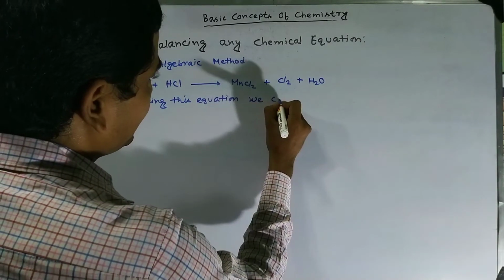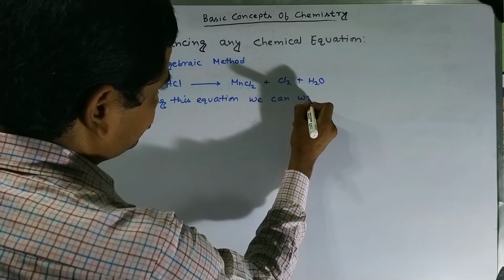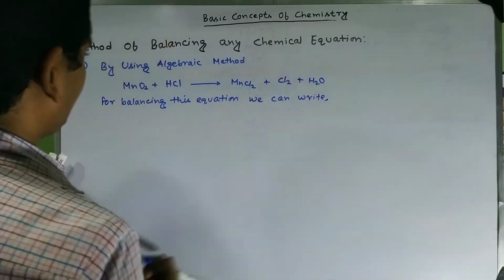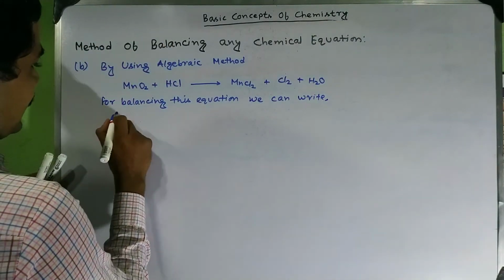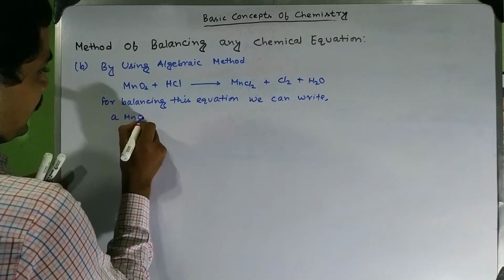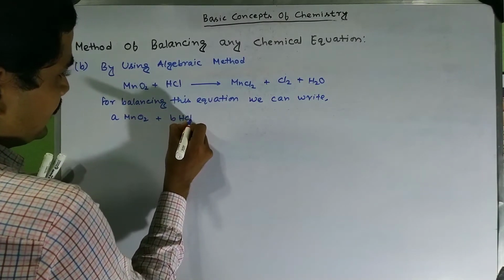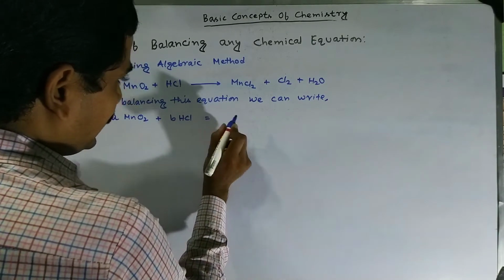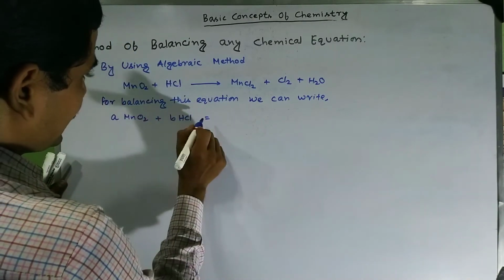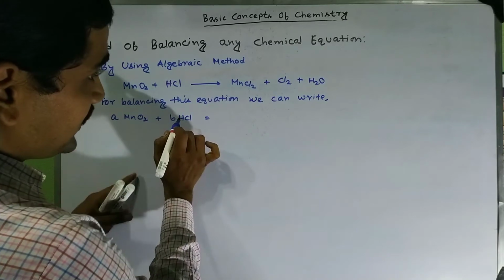We can write A MnO2 plus B HCl equal to, look, I use equal sign. Why? Because this reaction is in balanced form.